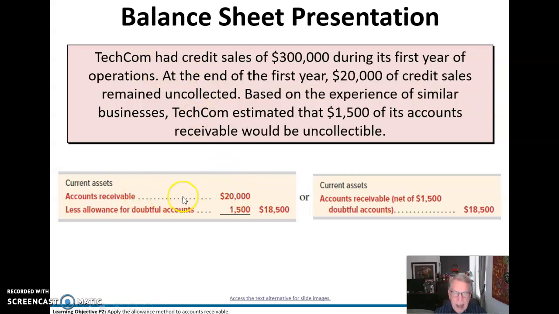We still have that on the balance sheet, but we have now an allowance for doubtful accounts, which we're going to subtract here to get to our net receivables, net realizable value of our receivables. Sometimes companies will just show, in this case, the $18,500 as the net accounts receivable and not show, call it, the gross accounts receivable.